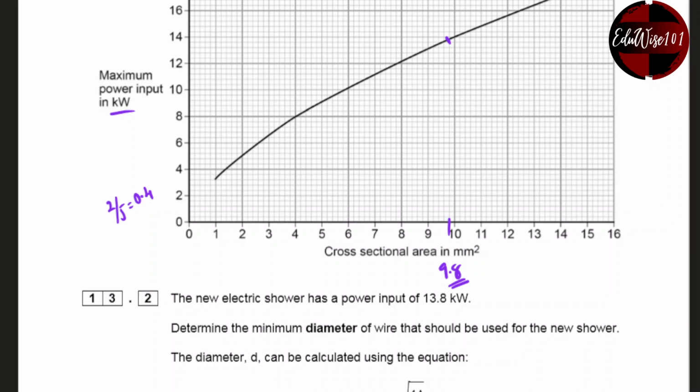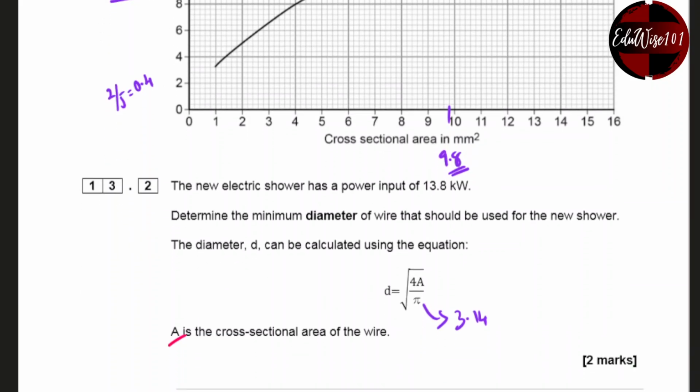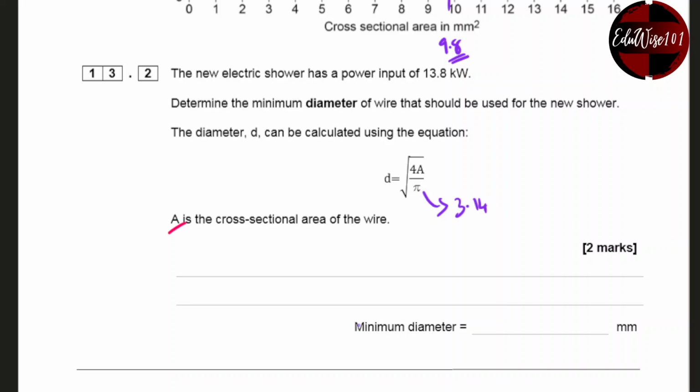So let's use this in the equation. A is the cross-sectional area, so D equals the square root of 4 times 9.8 divided by 3.14. So let's bring in the calculator for this.